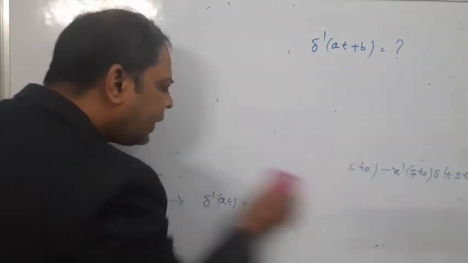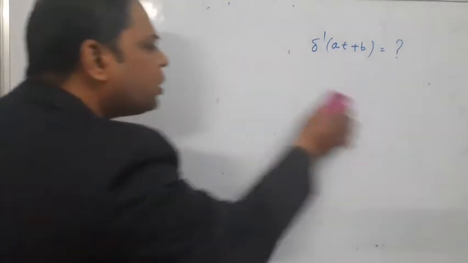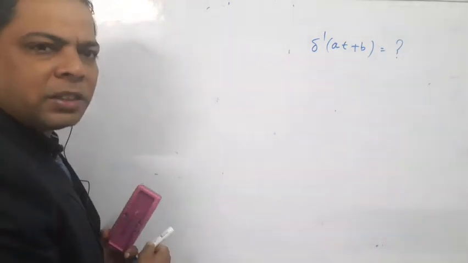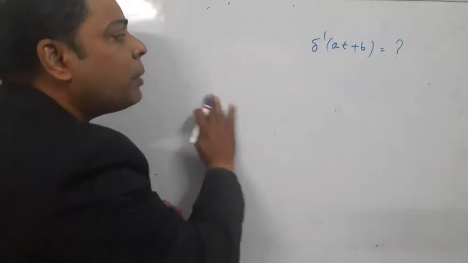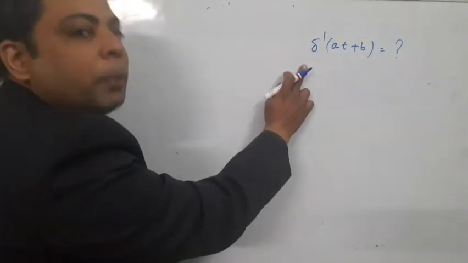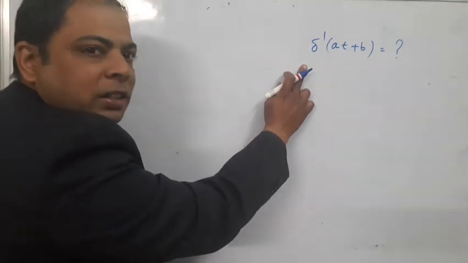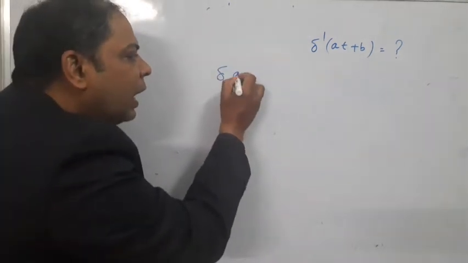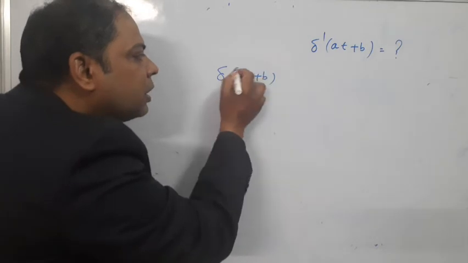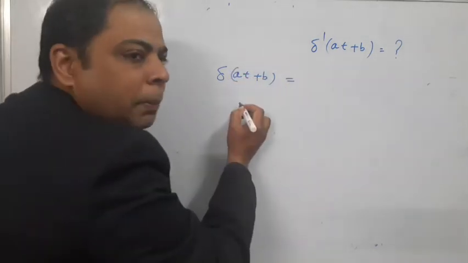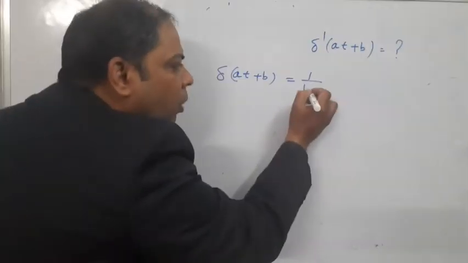You know, in the case of impulse I have covered so many properties. One of the most important properties is of the impulse, not the actual doublet. Let me consider the impulse first. The impulse is del at plus b. So now what is this property? It tells 1 by mod a.